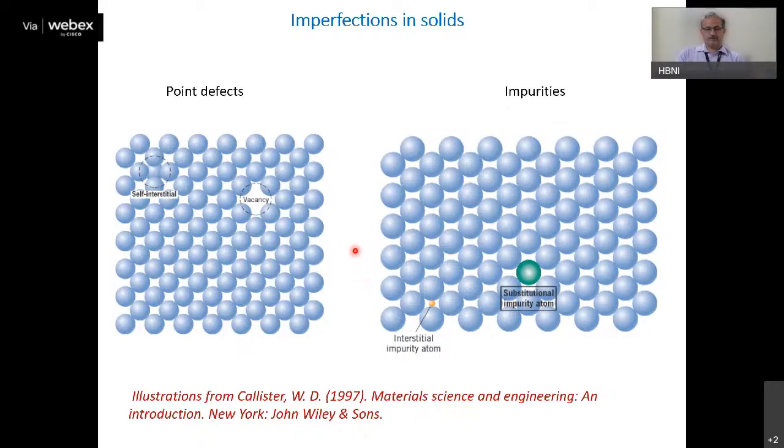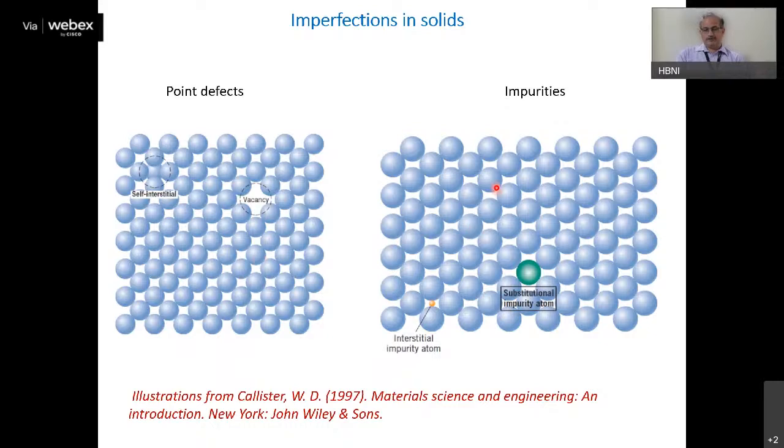Let us start with the point defects. Your atoms may not be in a complete lattice state. There can be some vacancies, or some atoms of the same type sitting at interstitial positions. These kinds of defects are called point defects. They also contribute to plastic deformation, but are important at high temperatures, where there can be diffusion of these defects.